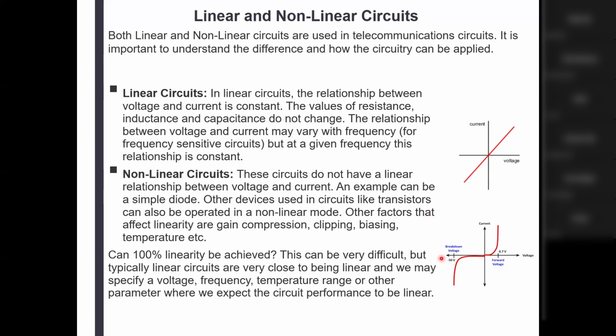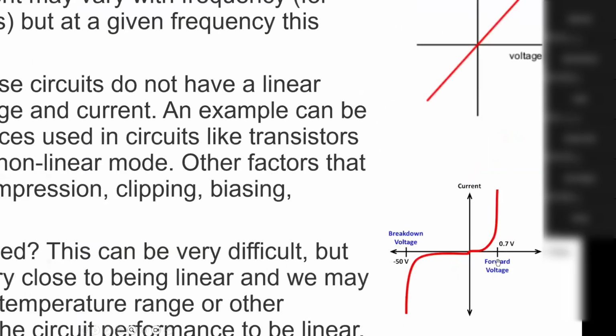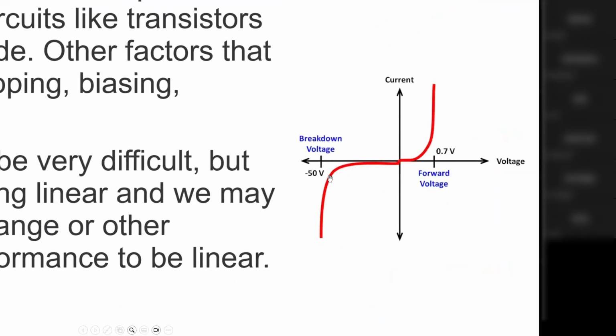However, some of the nonlinear devices can also utilize part of the characteristics where, from here to here, it acts as a linear device. So let's bias it in a certain way, let's configure it a certain way, so that we're going to use just that part; some conditions have to be met.